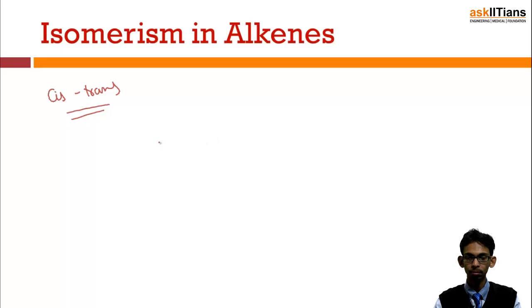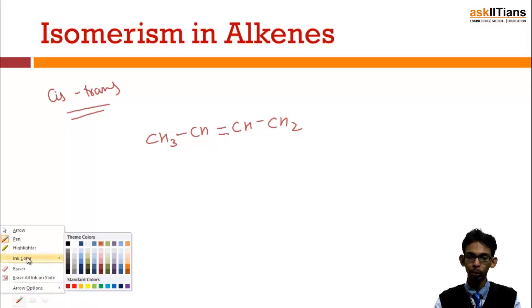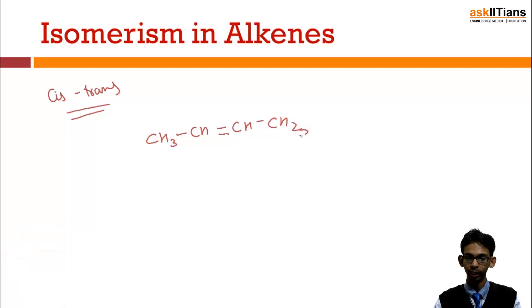Now what is this? Let's say I have again butene, CH3 CH2 CH=CH2, the butene. Now I can write it in two forms actually. Let's take it in the form of 2-butene rather than 1-butene. Yes, this is 2-butene and it would be CH3 CH=CH CH3.